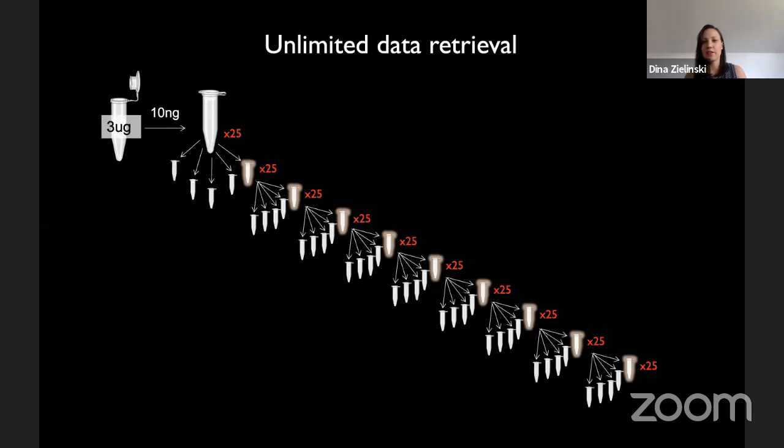And so we actually tested the maximum amount of data we could retrieve after copying the data trillions, literally trillions of times. And by using this process, we were still able to recover all of our data without any error. We were able to generate 10 to the 15 possible copies of that original library. So we copied it that many times and recovered the data without error.